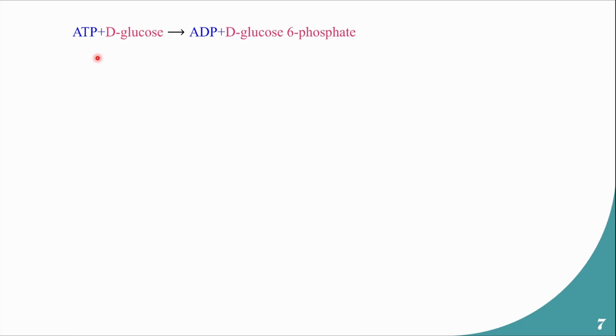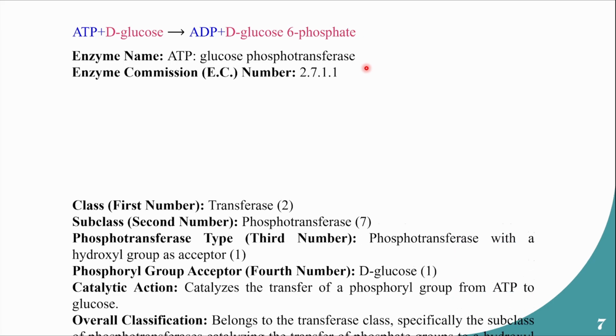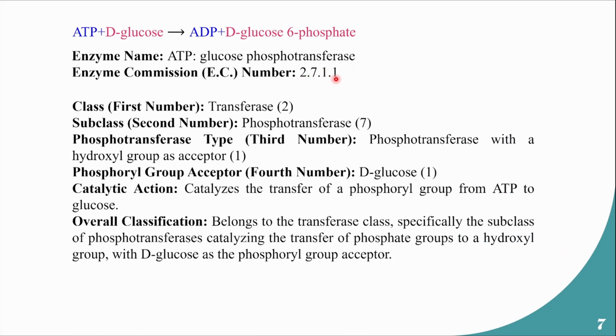For example, here we have a very important reaction, ATP plus D-glucose to ADP plus glucose 6-phosphate, right? And the enzyme involved is ATP glucose phosphotransferase. The enzyme commission number will be 2.7.1.1, and the first number, 2, refers to the class of the enzyme, which is transferase.